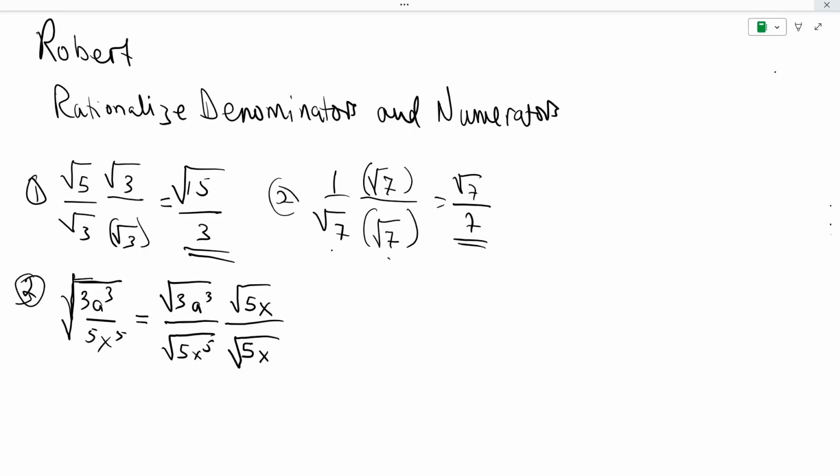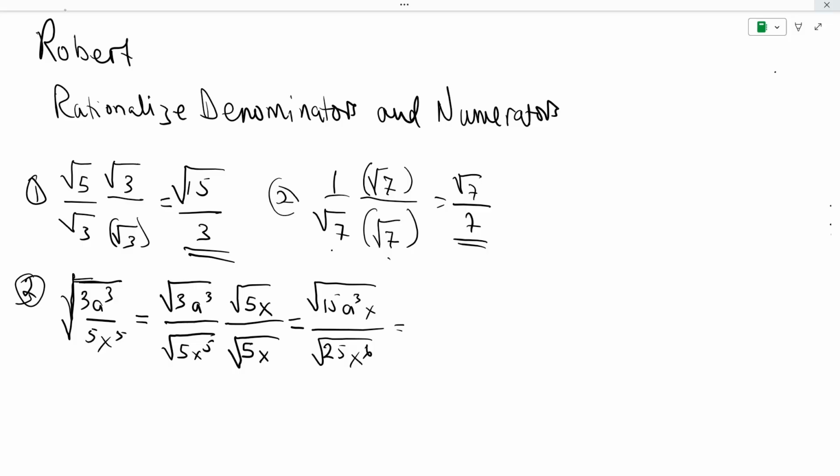That's the numerator. So in the end, the top will be 3 times 5, which is 15, a cubed, and then x. And this is all divided by 25 root x to the power 6.